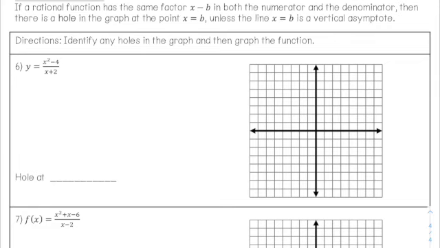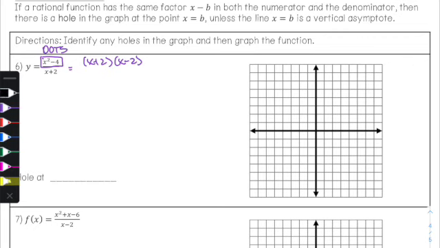On example 6, I have x squared minus 4 over x plus 2. When I look at this, I know that x squared minus 4 is a difference of 2 squares. I can factor that as x plus 2 times x minus 2, and that is still going to be over x plus 2.